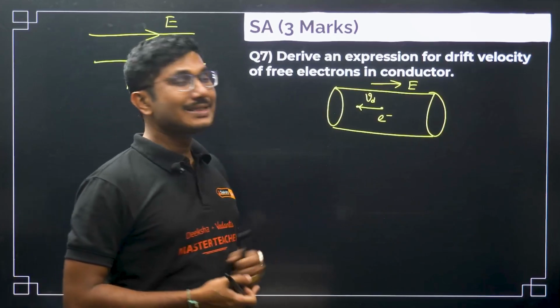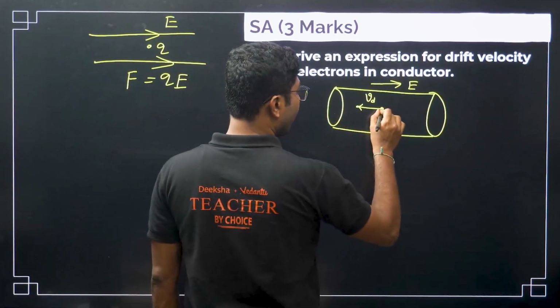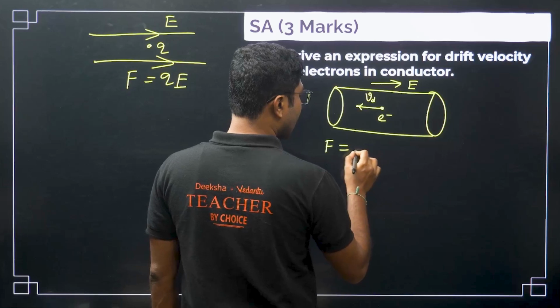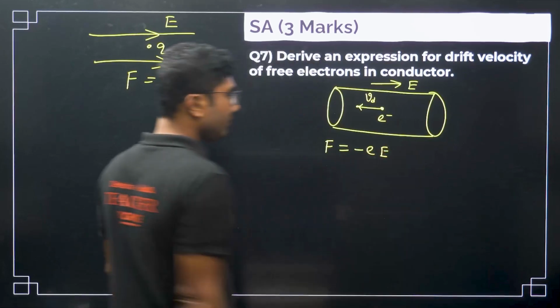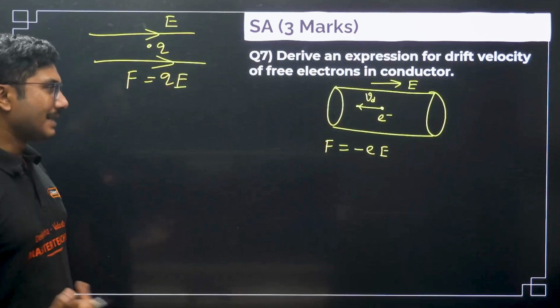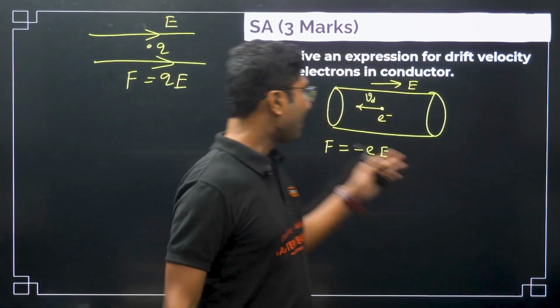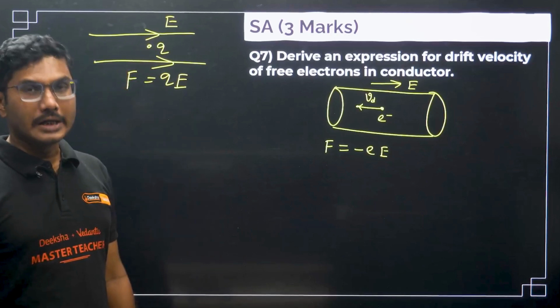Now what is the force acting on the electron? Force acting on the electron is given by F equals the charge of an electron times the electric field, that is, minus e into E, with a negative sign because the charge of an electron is negative. So minus eE represents the force that acts on the electron.